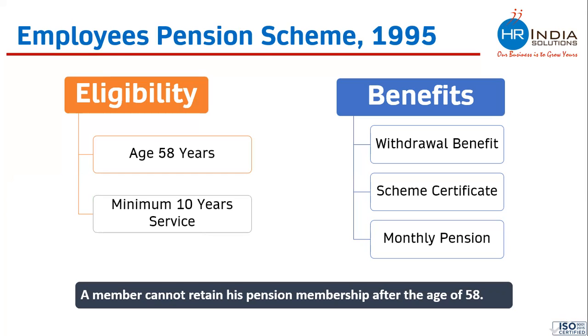So, if you are working after 58 years of age in the same company, all these contribution deductions would be the same, but your money will not go into the pension fund account. The 8.33% which the employer is paying into the pension fund will stop going into that fund. That money will be diverted into provident fund.